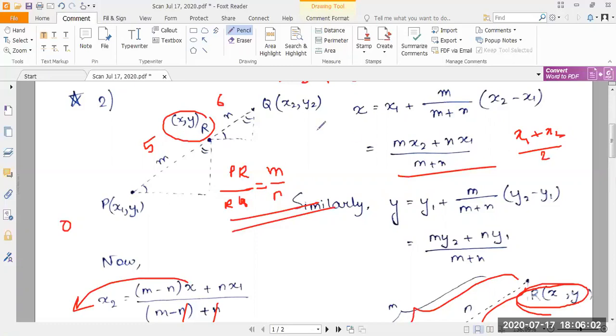That would be the abscissa for the midpoint R. Similarly, for the ordinate of midpoint R, we would have (1·y2 + 1·y1)/(1 + 1), which reduces to (y1 + y2)/2. So those would be the coordinates for R if R is the midpoint of PQ, or in other words, R divides the line segment PQ internally in the ratio 1:1.